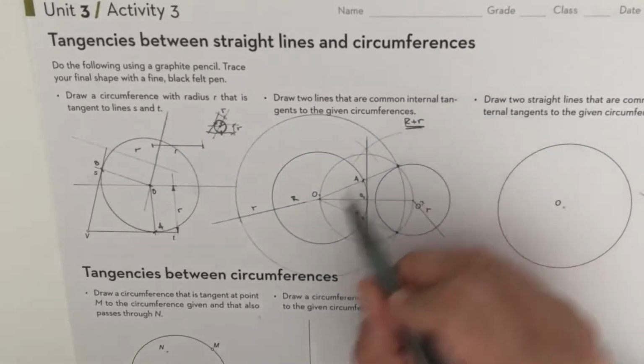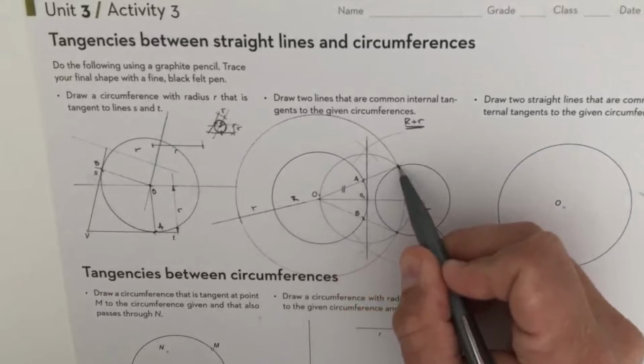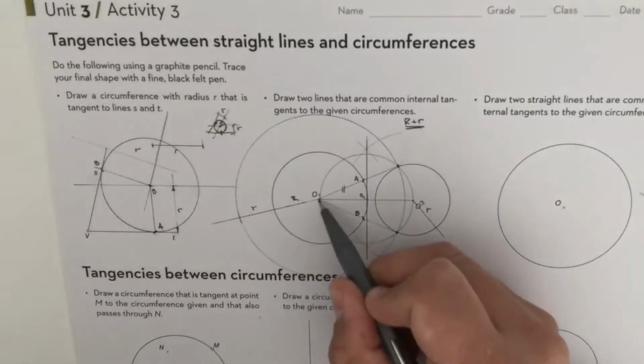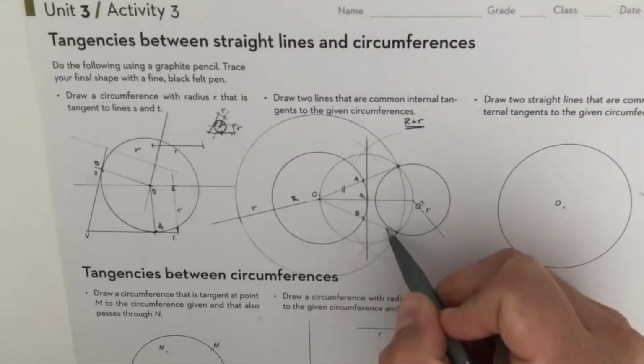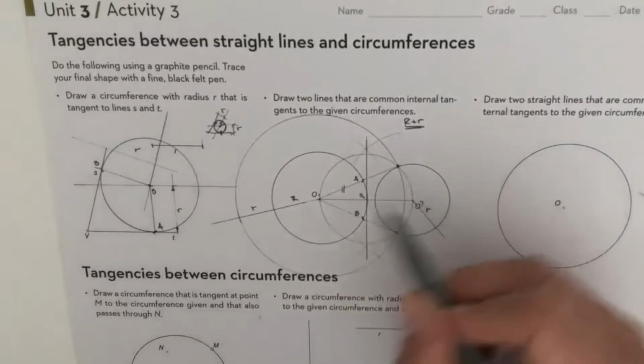What do we have to do? We have to create parallel lines to the ones that we have created through the other center. So in order to get the tangent point in the other circumference, we're gonna draw a parallel to this line through this center.